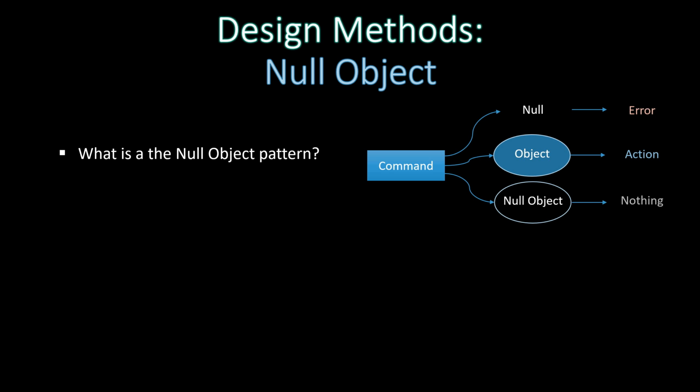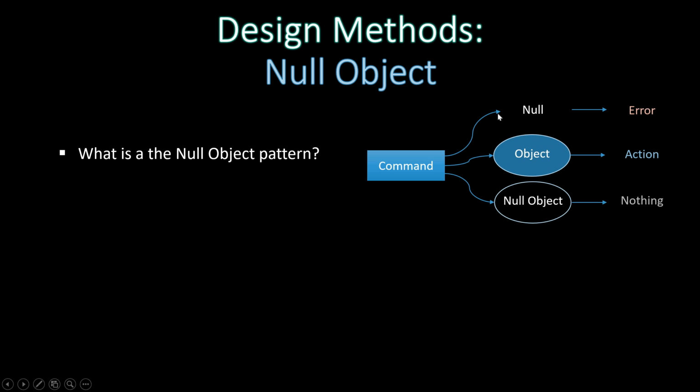So if we had given it a correct object, it would perform its action. So if perhaps, say, this had been a car, we would say, car drive. Then if there's no car, like we pass a car that we haven't actually initialized, then we get an error.